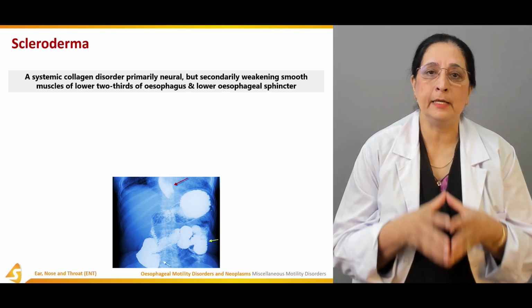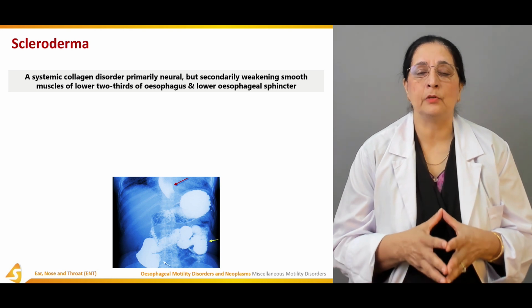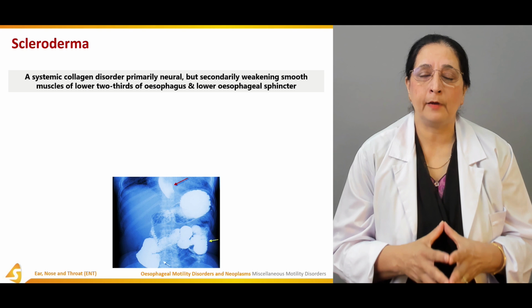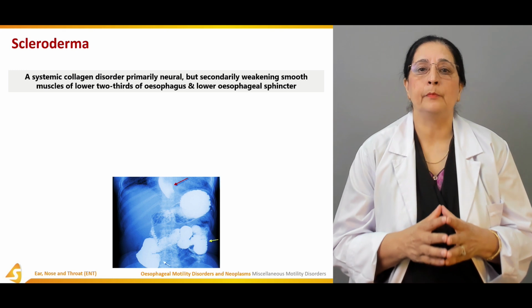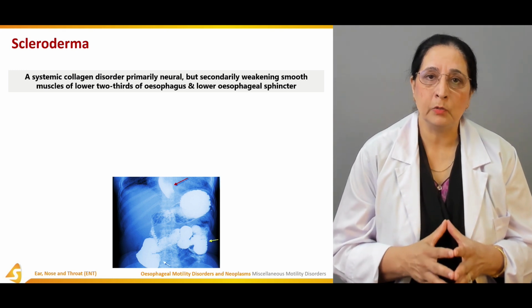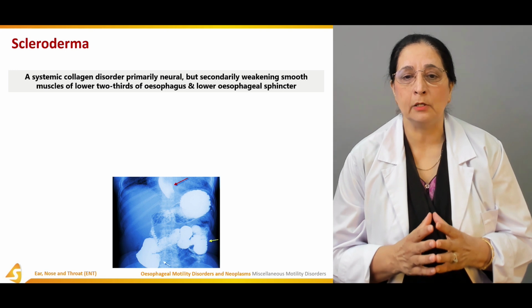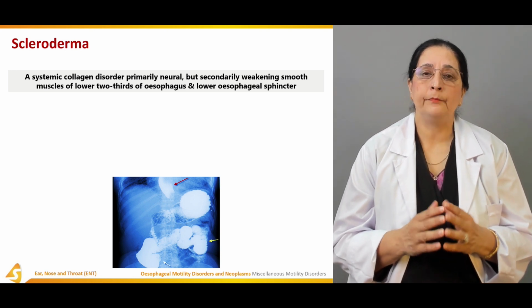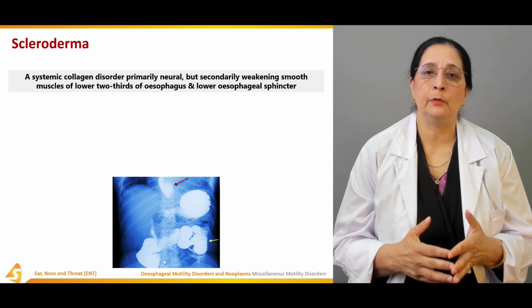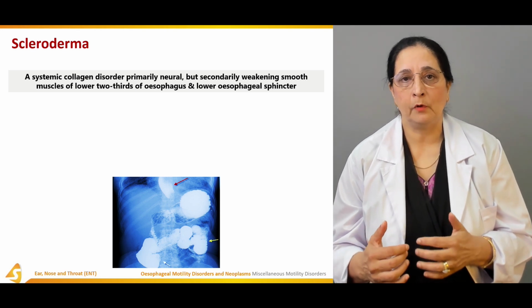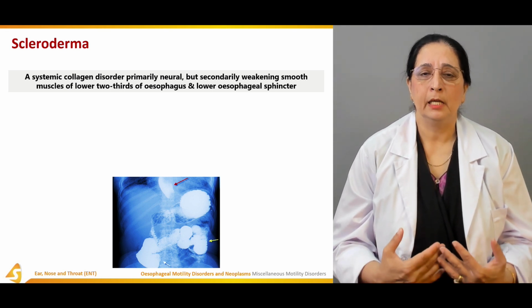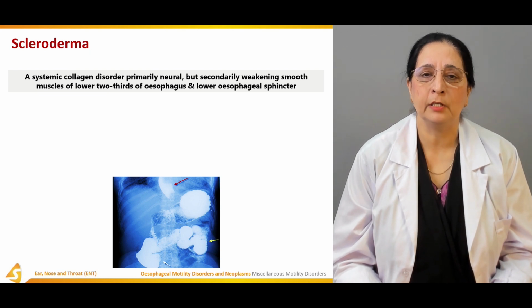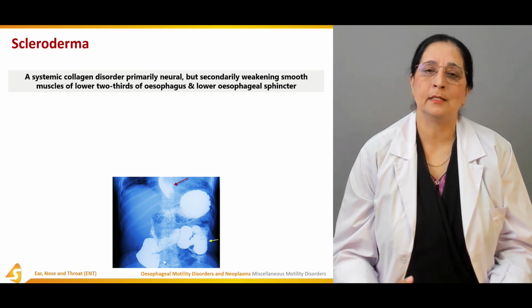If there is weakening of the lower esophagus and lower esophageal sphincter, they are not functioning properly. The sphincter is not relaxing and opening and closing properly because of the abnormality of the smooth muscle. The features associated with this condition will be more or less the same as the spasm and closure of the lower esophageal sphincter, as we already discussed in the first two or three sections.